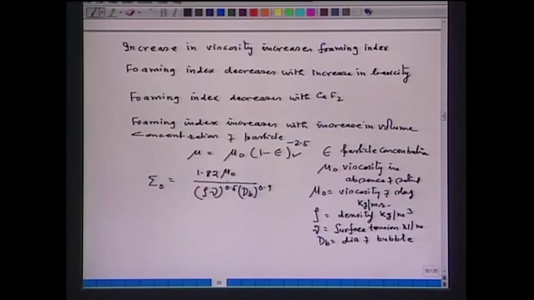I can substitute the value of mu 0 from this particular equation, and I get the foaming index in the presence of solid particles. If I divide by the foaming index in the absence of solid particles, that will simply come out to be (1 minus epsilon) raised to the power minus 2.5. So, effectively what it says is that the foaming index increases with increase in the volume concentration of solid particles.